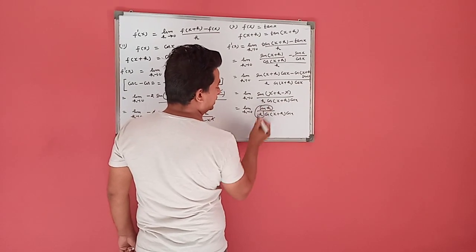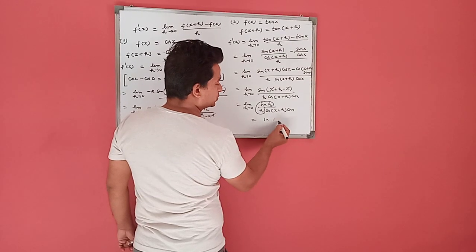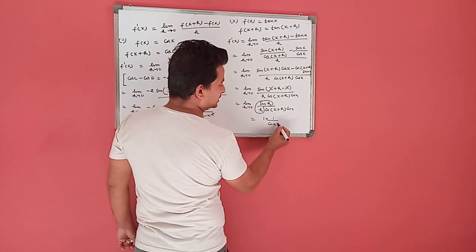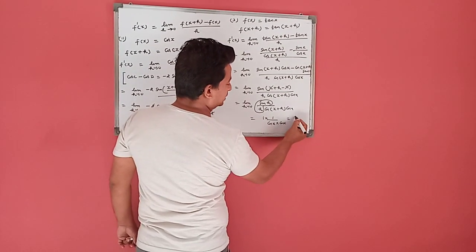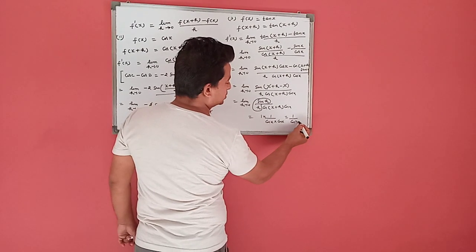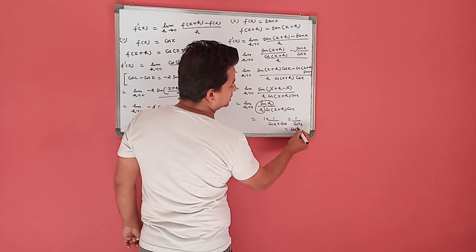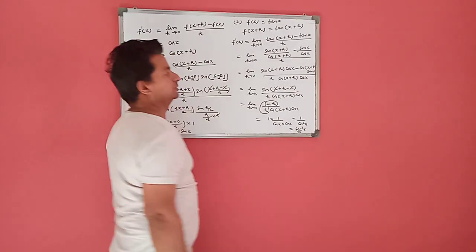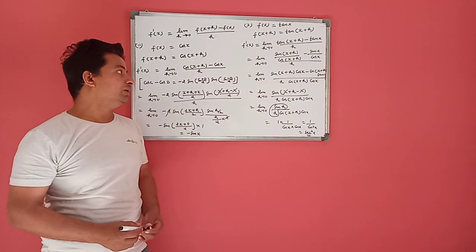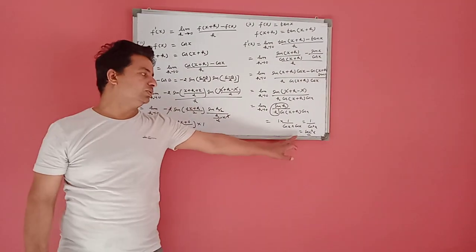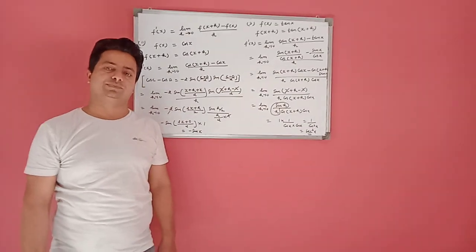This again equals 1. So this is cos x into cos x. This is 1 upon cos square x. 1 upon cos is secant, so it is secant square x. So the derivative of tan x is equal to secant square x.